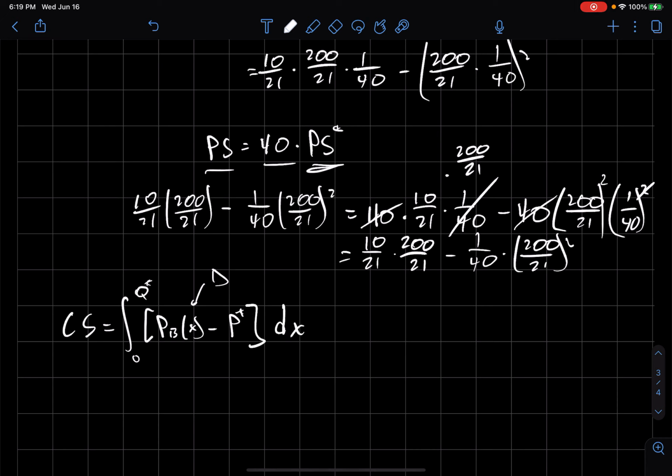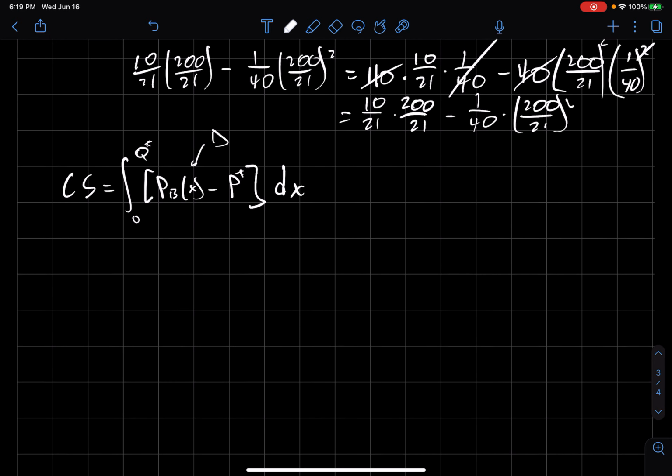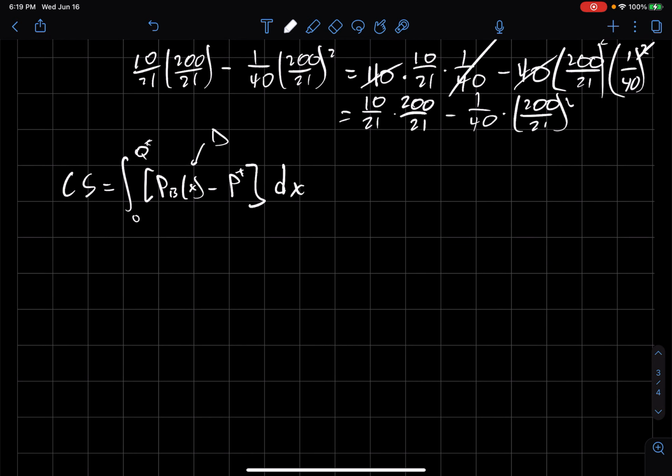And then we just integrate over the free variable X. So PB as a function of X is equal to 10 minus X. This is just rewriting our demand equation.